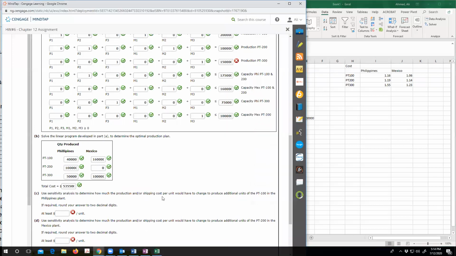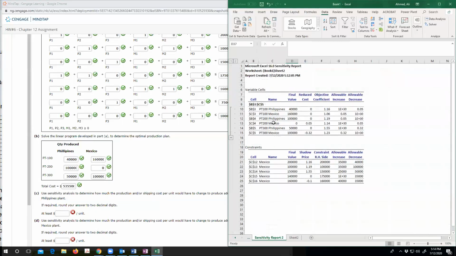Then they're asking how much the production cost for a unit should be changed to produce an additional unit of PT100. So the report also gives us that if we want one more unit within the same cost. We are not increasing the cost, but just decreasing the shipping cost.